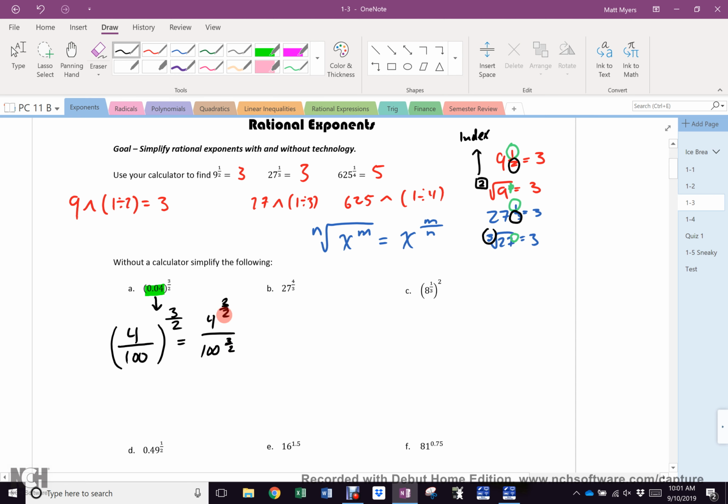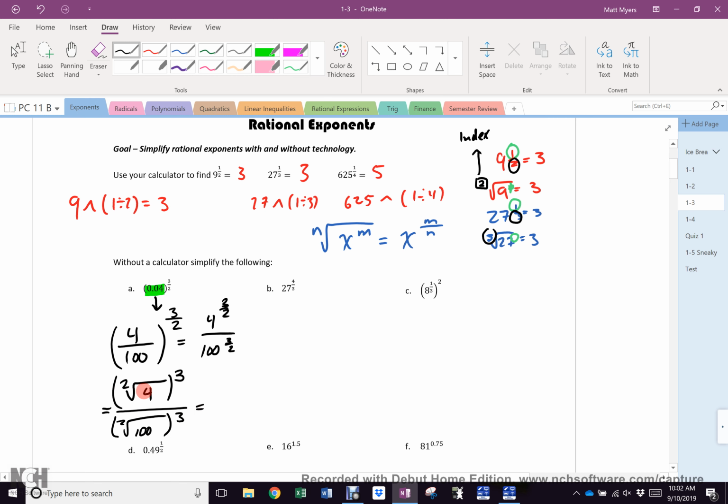Okay. My denominator is 2, which means where does it go when I rewrite this? It's the index. Where does the base go? It's the radicand. And where does the numerator go? It's the power. Right? Over the square root of what? 100. To what power?